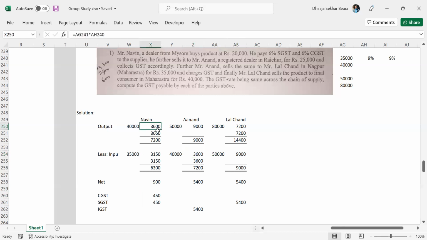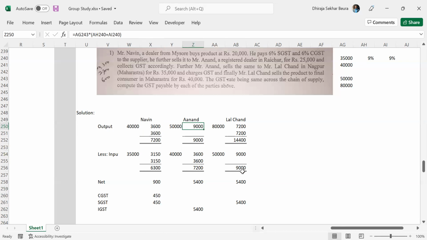The whole 3,600, right? 4,500 when we are having as IGST, and the previous input credit was 450 plus 450, 900. One second. You said 4,500 as IGST. It should be 9,000, right? IGST rate is 18%, right? Oh, right. Yes. Thank you. No problem. So that is 9,000. Also, I was just not using a calculator, so I did a subtraction mistake.